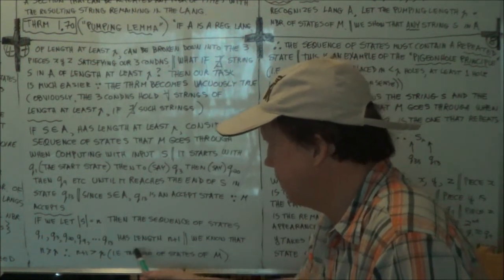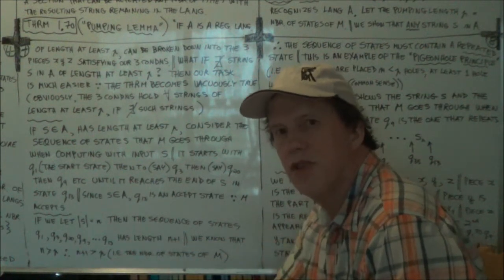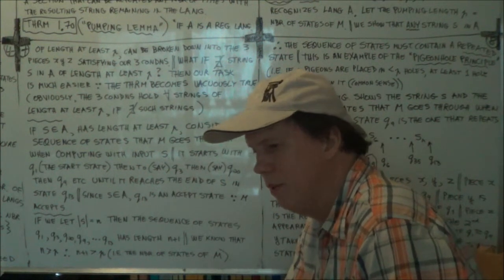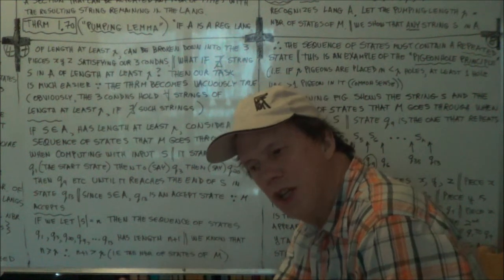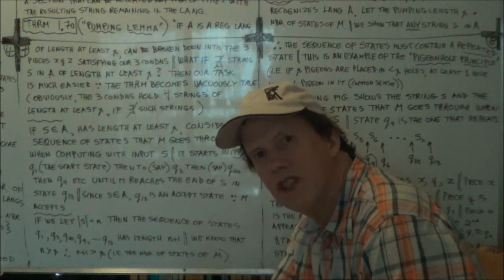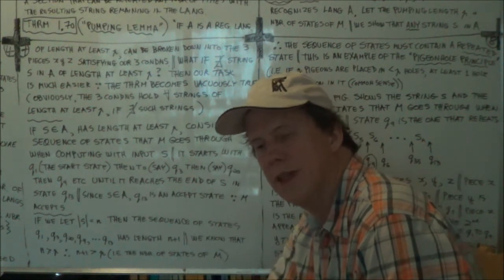Now, how many states did we go through as the string s got processed by the machine? Well, there'll be a state change for each symbol that gets read. But you start off in your start state Q1.